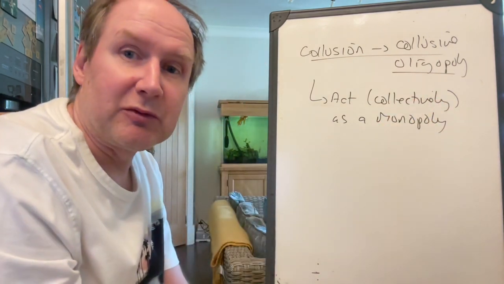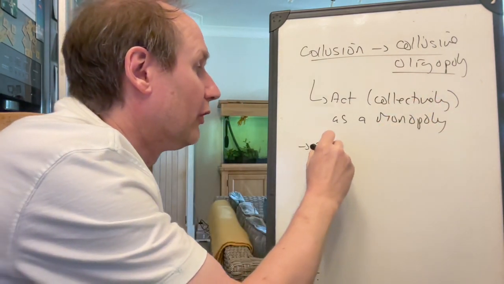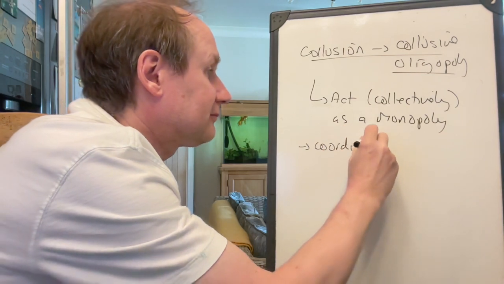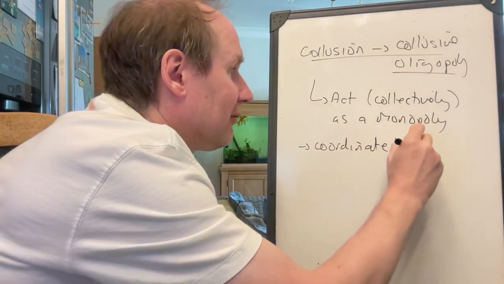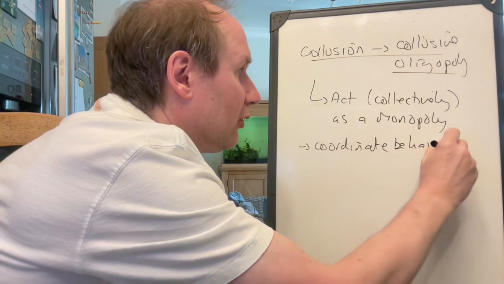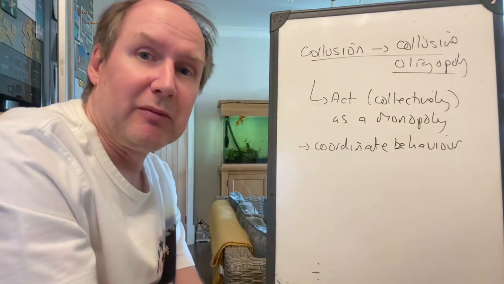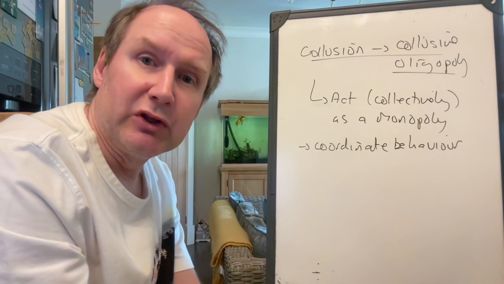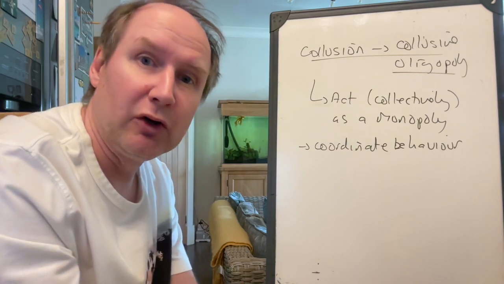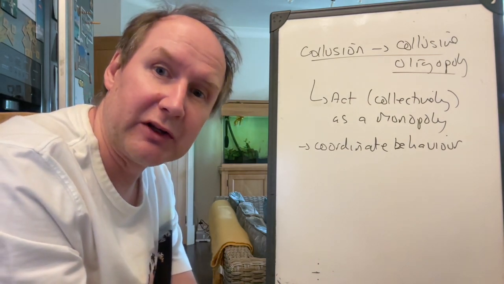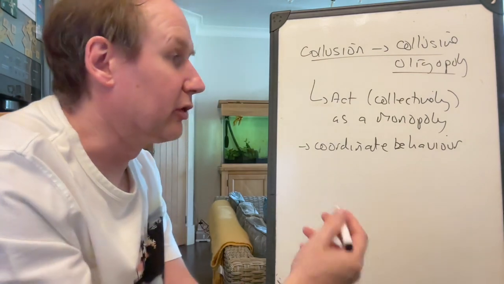Again, we'll come to this in a subsequent video, but they'll coordinate their behaviour. That might mean that they all agree on what price is going to be. It might be that they agree on who's going to win contracts and so on and so forth. They might coordinate, take OPEC, the oil cartel, they might coordinate output. And we'll look at some of that in a minute.